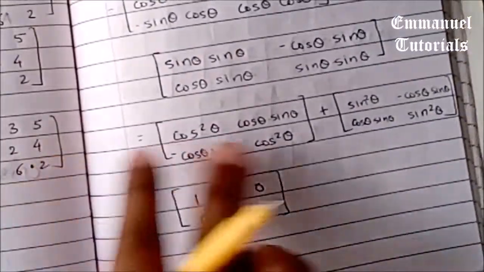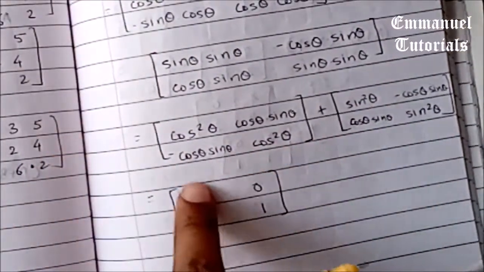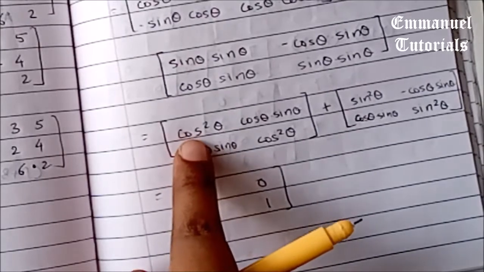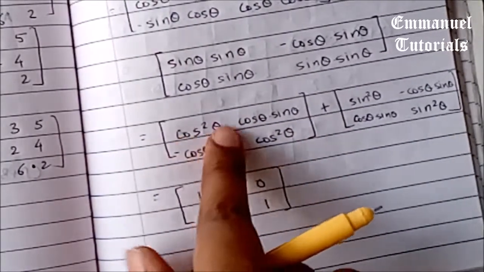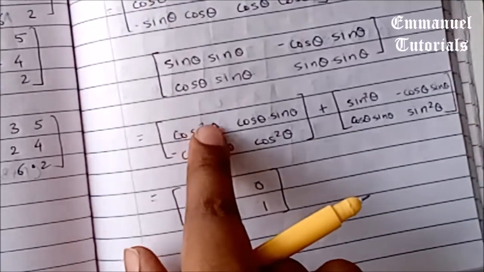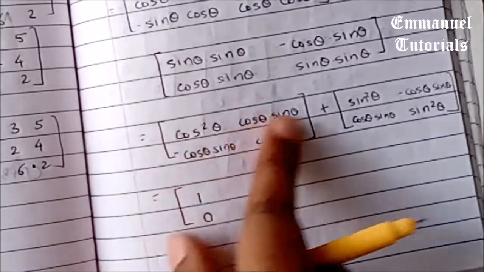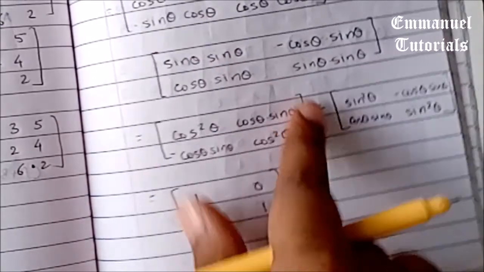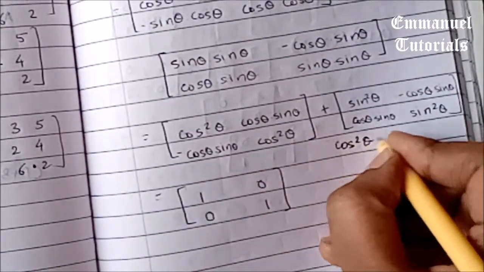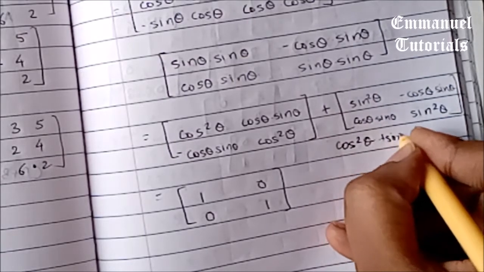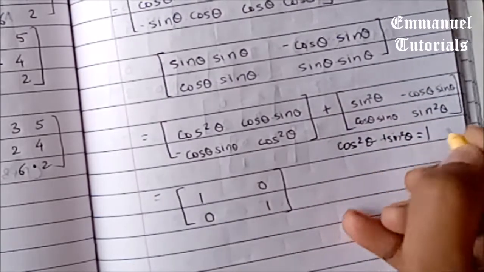Now the next step will be adding these two matrices. So the elements at the respective positions will be added. First, at the A11 position, it is cos square theta in the first matrix and sin square theta in the second matrix. So cos square theta plus sin square theta will be 1 according to the trigonometric identities.